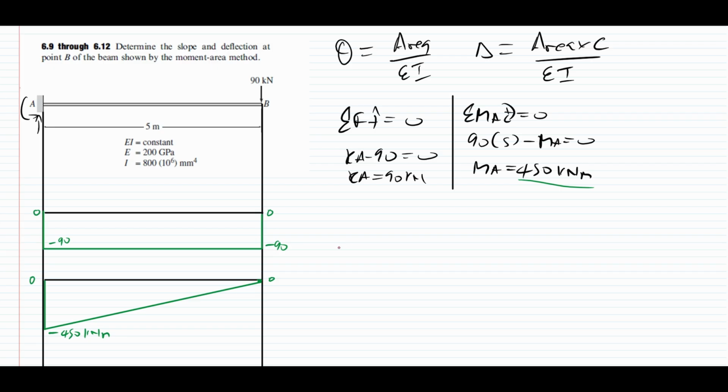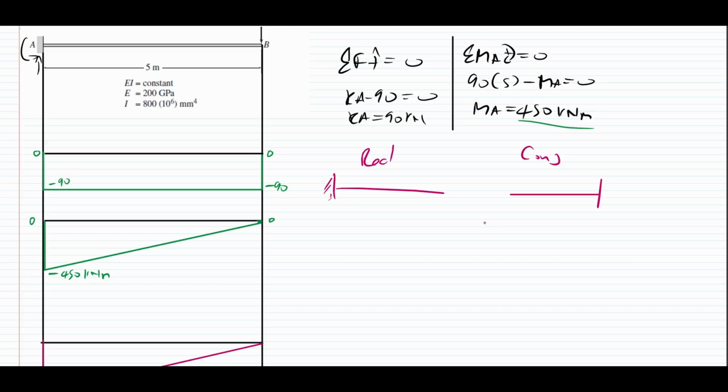When you're given a cantilever beam in your real beam, in your conjugate beam it's going to change into an inverse support like this.